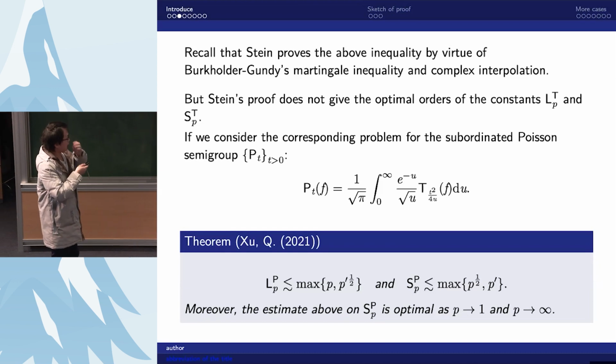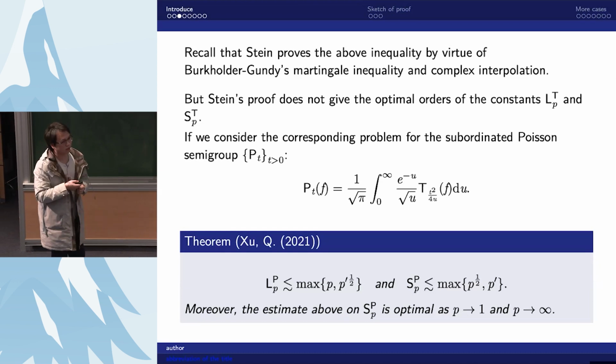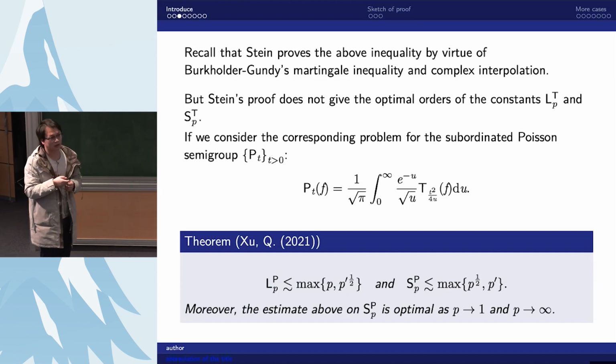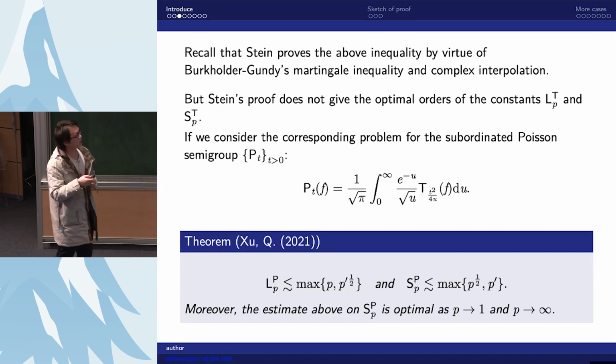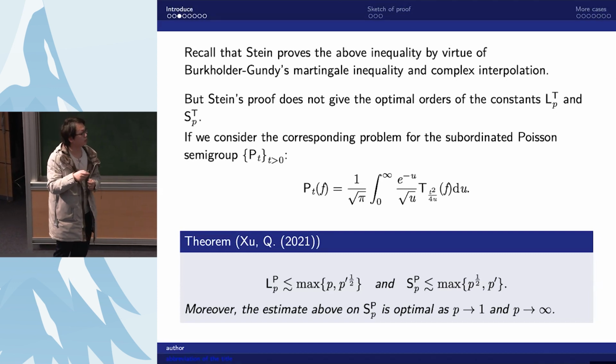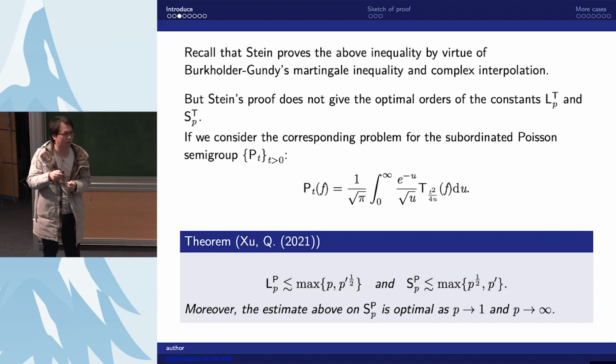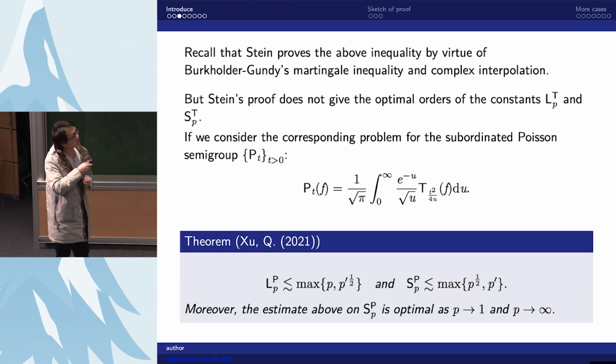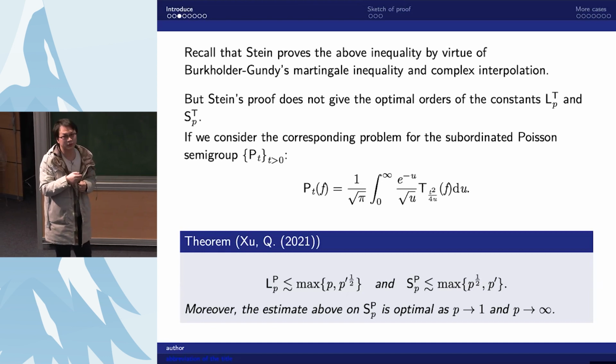That means L_p(P) is less than the maximum of p and the square root of p', and S_p(P) is less than the maximum of the square root of p and p'. Here p' is the conjugate of p, that means 1/p plus 1/p' equals 1. Moreover, the estimate above for the constant S_p(P) is optimal as p goes to 1 and p goes to infinity.